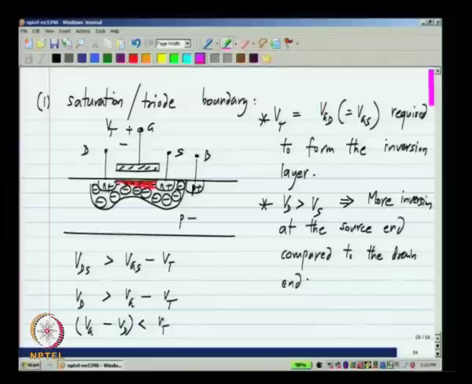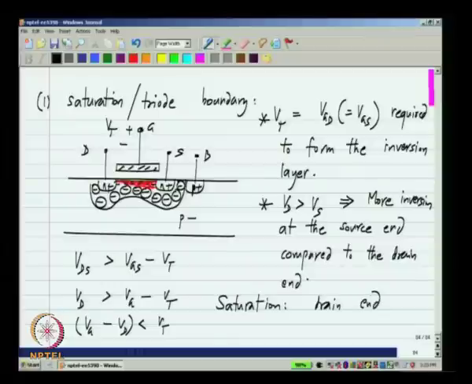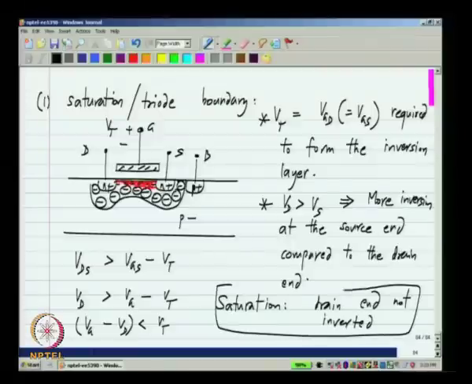Okay. In saturation, the drain end is not inverted, and in triode region both the ends are inverted. Okay. So, that is one thing to keep in mind.